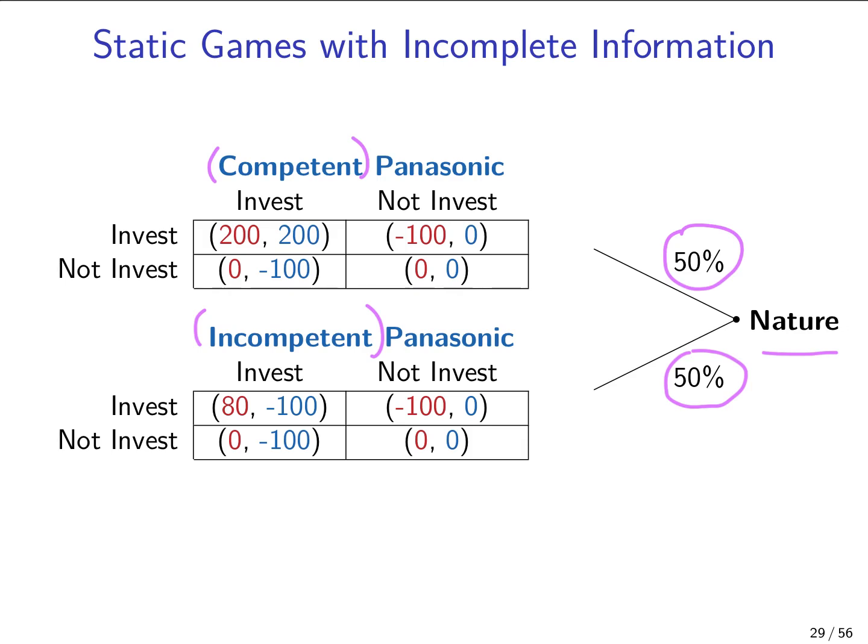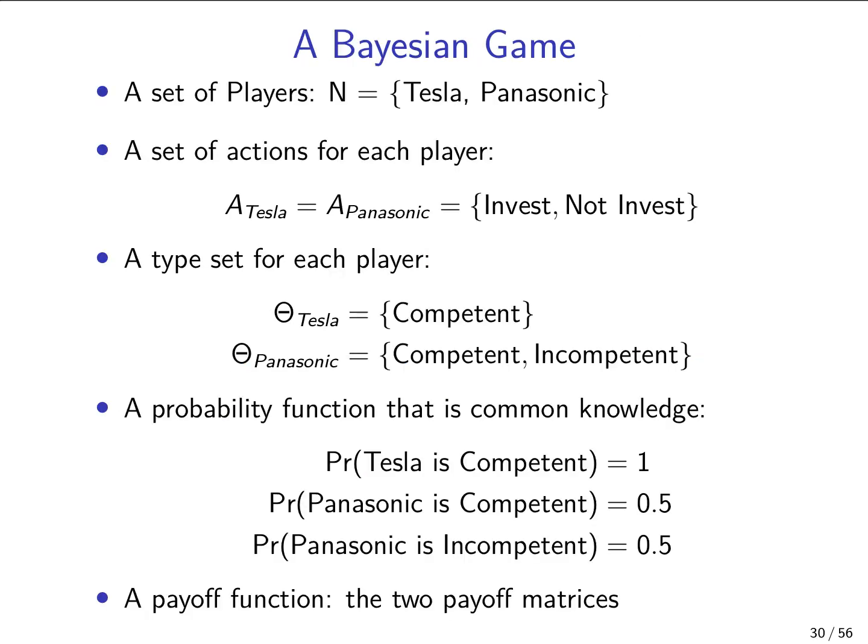So it's like nature is randomizing its move in picking whether the two companies play in this kind of environment or this kind of environment. Okay, so this is going to be helpful for us to think about games with incomplete information. And actually here it describes a Bayesian game.